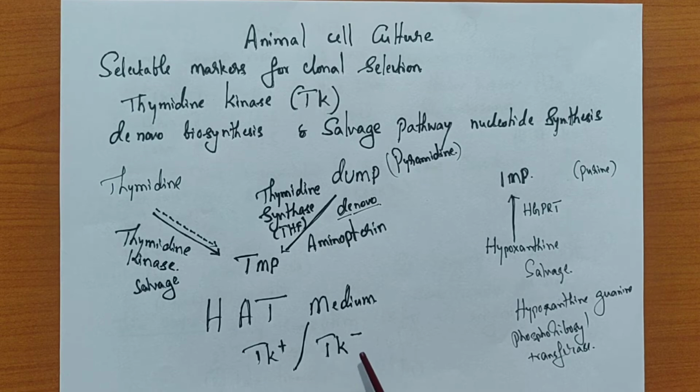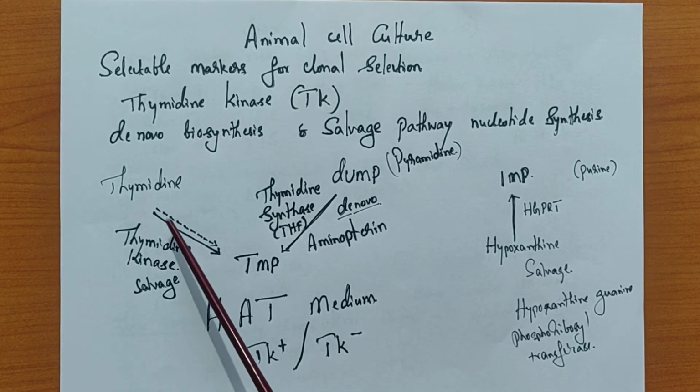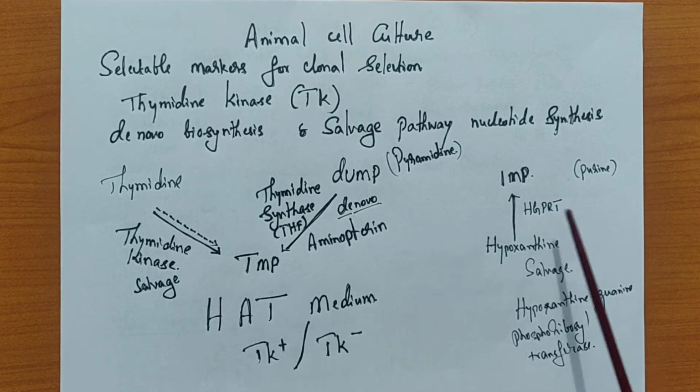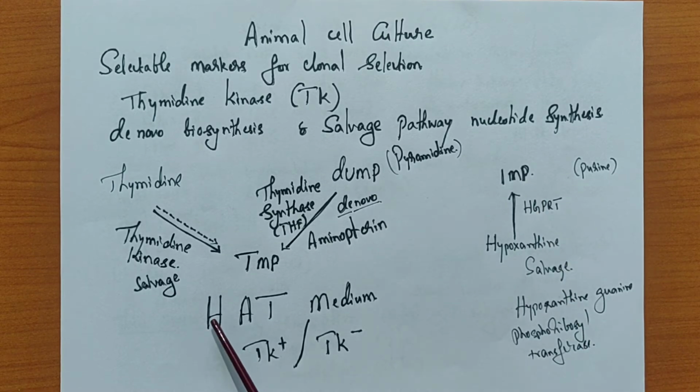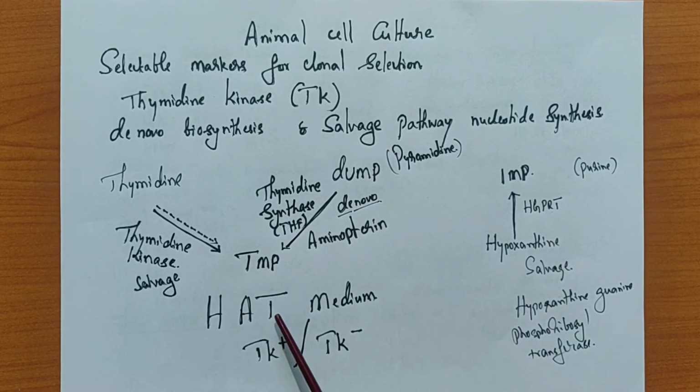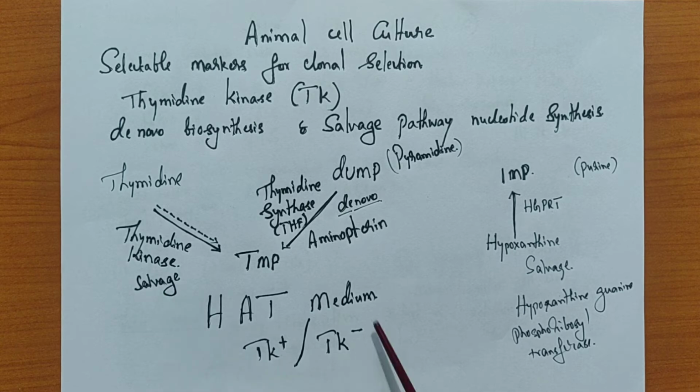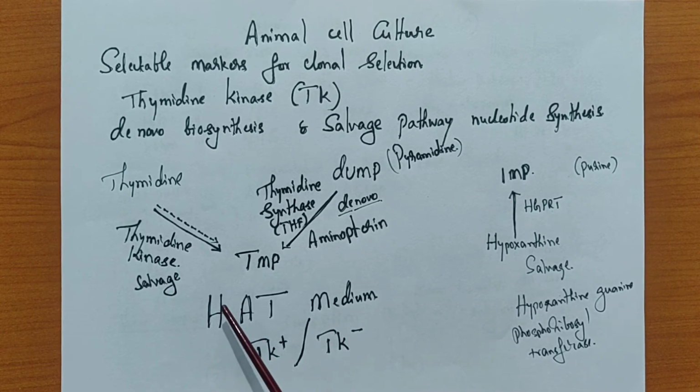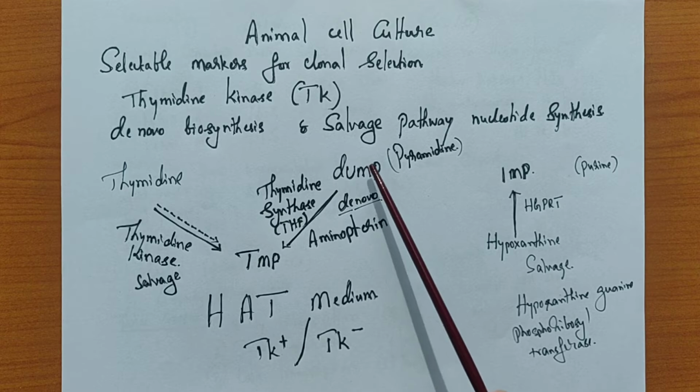Now the TK minus strain, in order to rejuvenate the salvage pathway, we are going to add hypoxanthine as well as thymidine. But since the thymidine kinase is not functional, this cell is not going to survive.